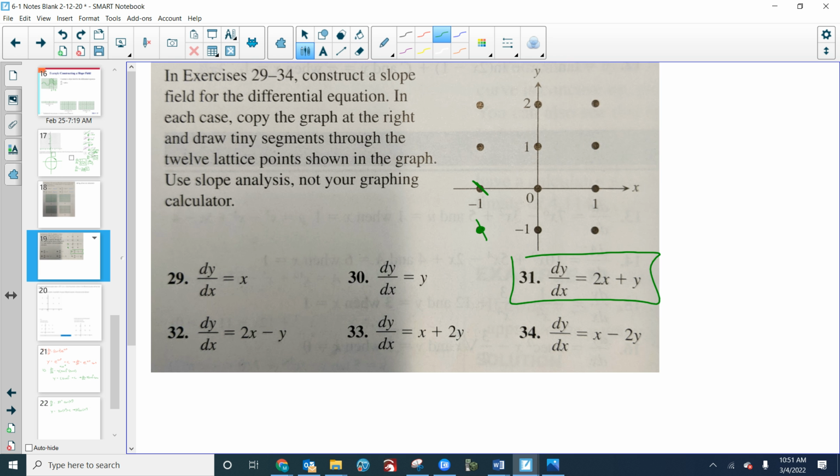What's that? Good. Negative 1. And negative 1, 2. Negative 1 for x, 2 for y. 0. Slope of 0. That's how you graph a slope field. You plug in both the x and the y, and you sketch a little slope that has that.